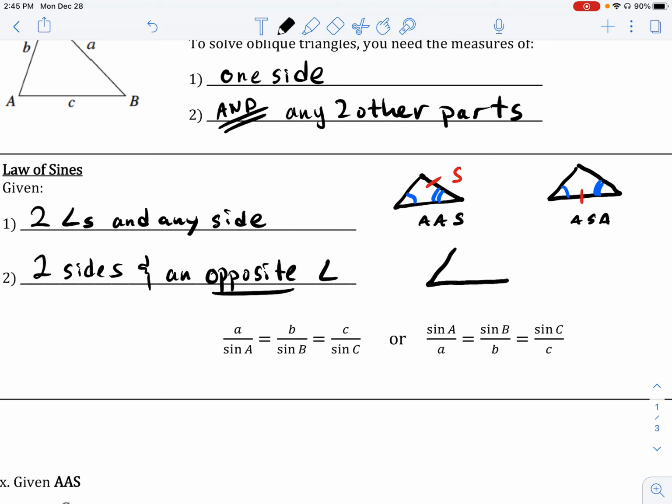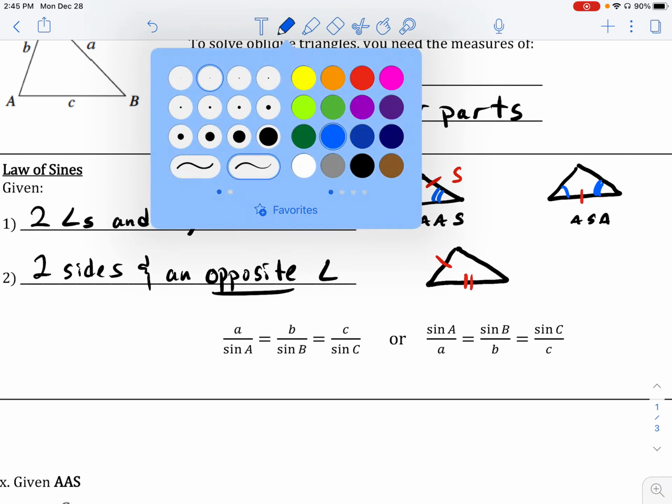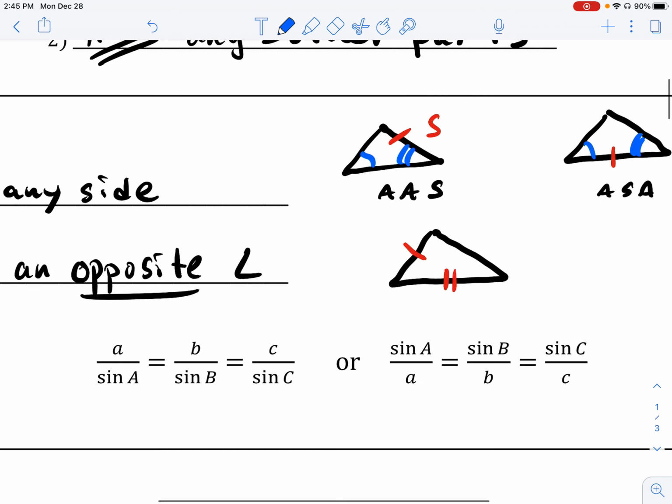An SSA case is when we're given two sides. For example, I'm just going to arbitrarily choose these two sides. But the angle that we're given can't be an arbitrary angle. It has to be an angle that is opposite one of these two given sides. When I say opposite, I mean an angle that is literally just across from the given side.